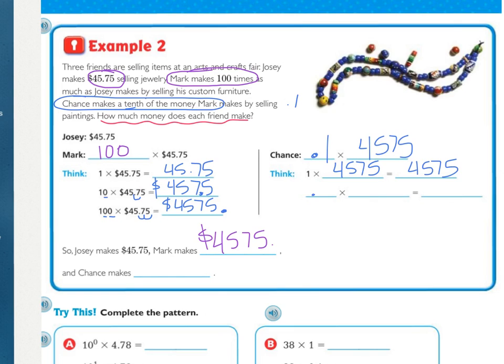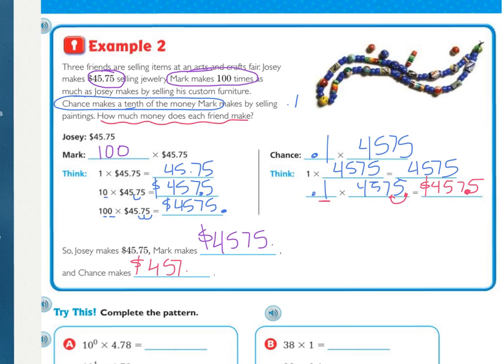And then we have 1/10, and this time, because we're multiplying by a decimal, we move our decimal, and there's 1 in the decimal place, so we move the decimal once. So our final answer, the digits stay the same, but my decimal is moved over. Okay, and don't forget your $ sign in your final answer.